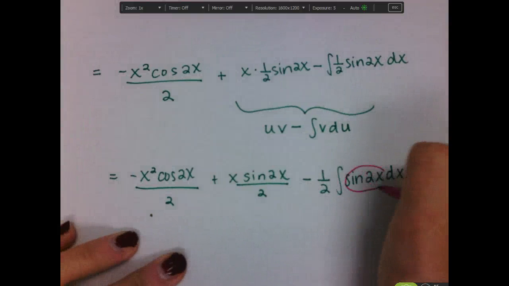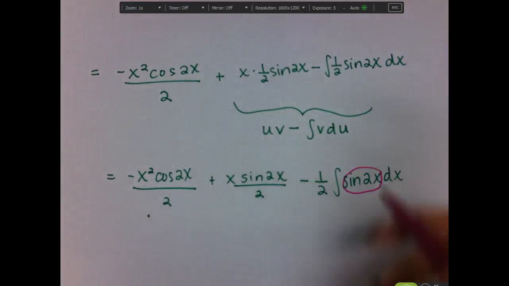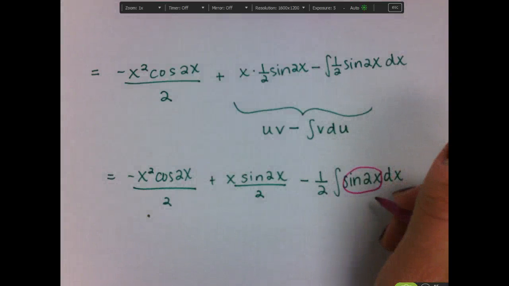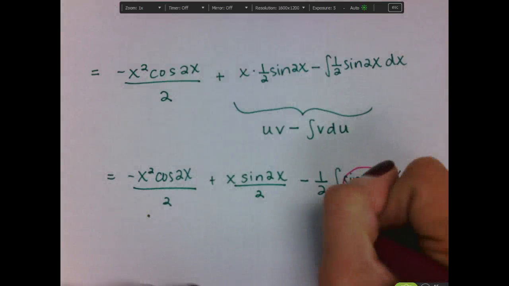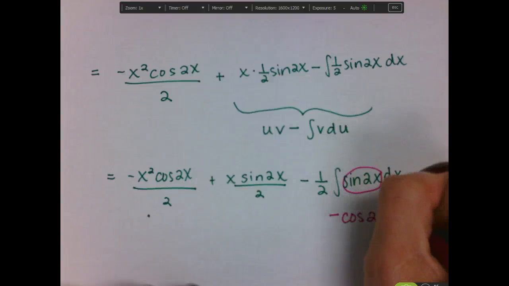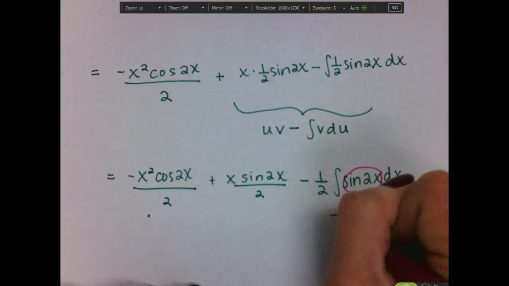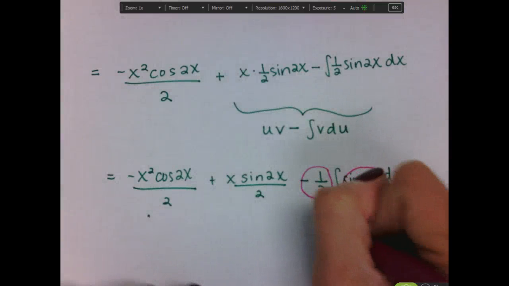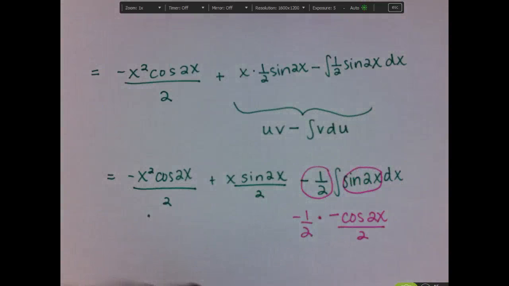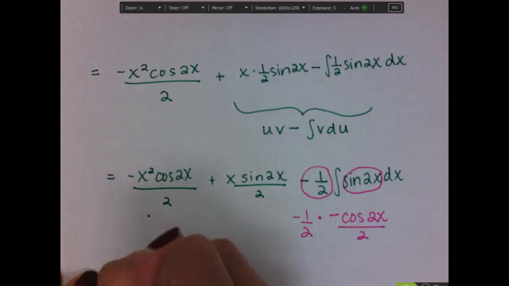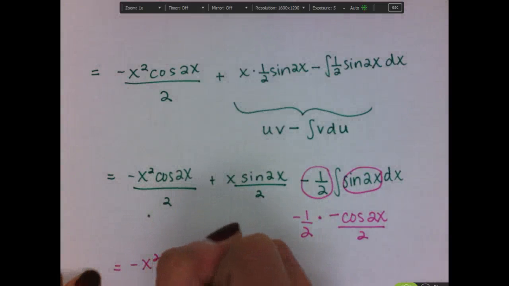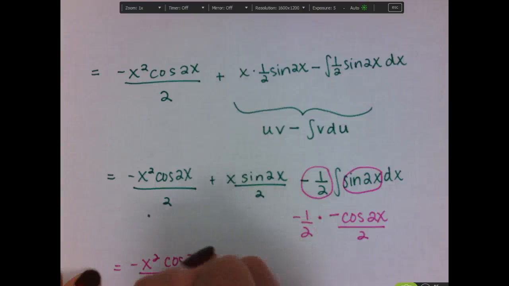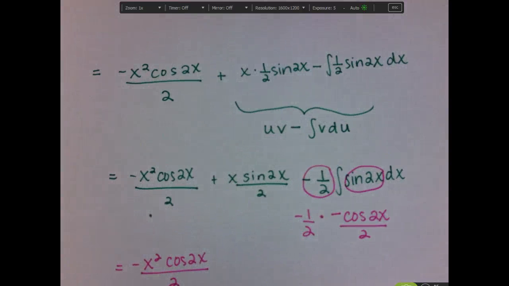Alright, so the antiderivative of sine of 2x is going to be negative cosine 2x times 1/2 or over 2. Don't forget to multiply it by our constant multiple. And in the end, we've got 3 terms as part of our answer. Well, actually 4, but I'll show you where that comes from in a second.